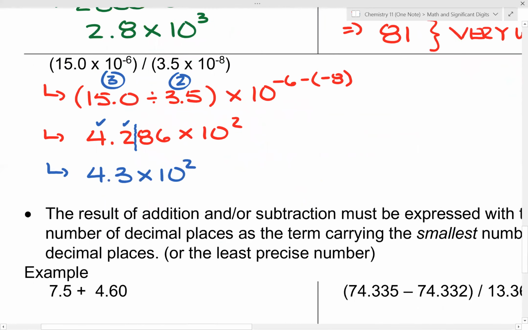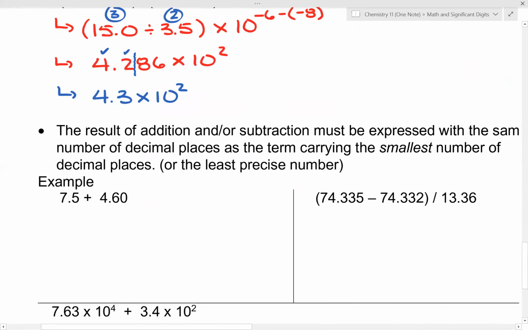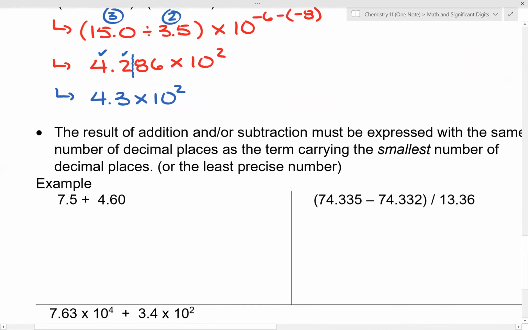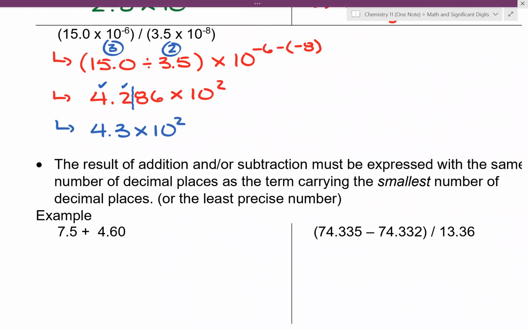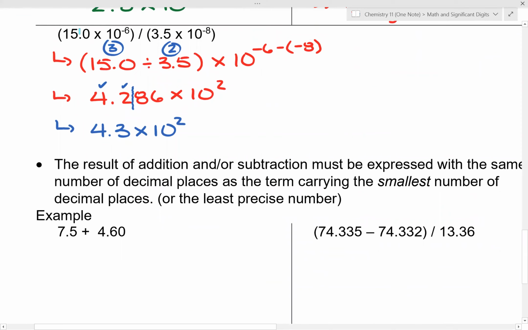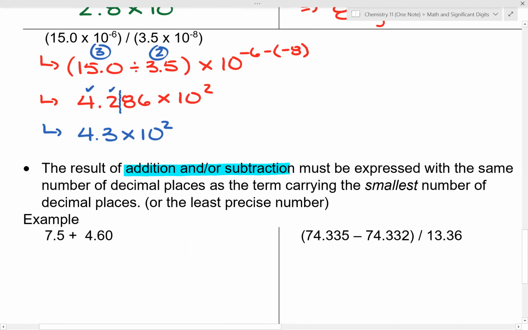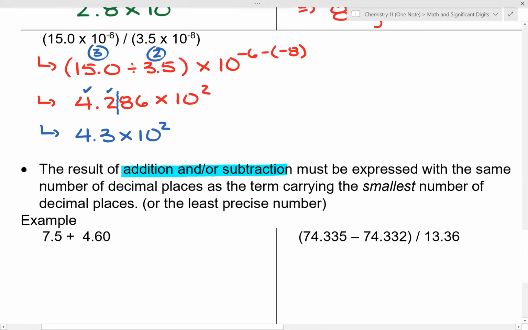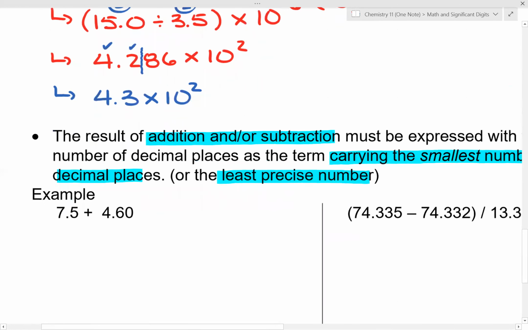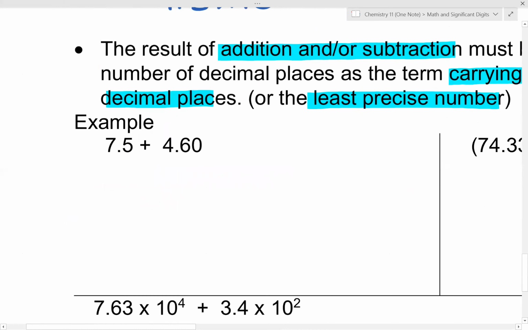Now, how about addition and subtraction? With addition and subtraction, the answer must be expressed with the same number of decimal places as the term carrying the smallest number of decimal places, or the least precise number. Now, let me go through a few examples with you.